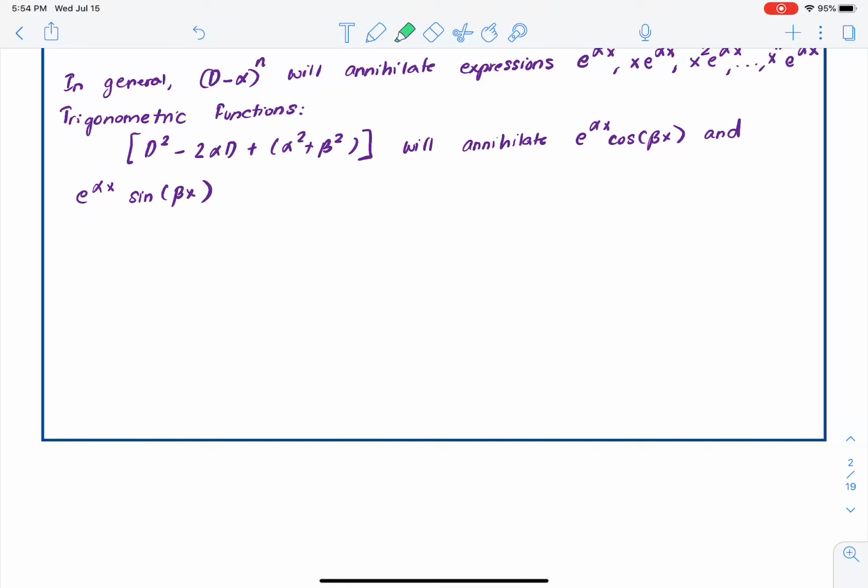Again, this involves a derivation. I'm skipping that. We can verify by applying this operator to e raised alpha x cosine beta x and e raised alpha x sine beta x, and certainly it will become 0. So d squared minus 2 alpha d plus alpha squared plus beta squared will annihilate both e raised alpha x cosine beta x and e raised alpha x sine beta x.